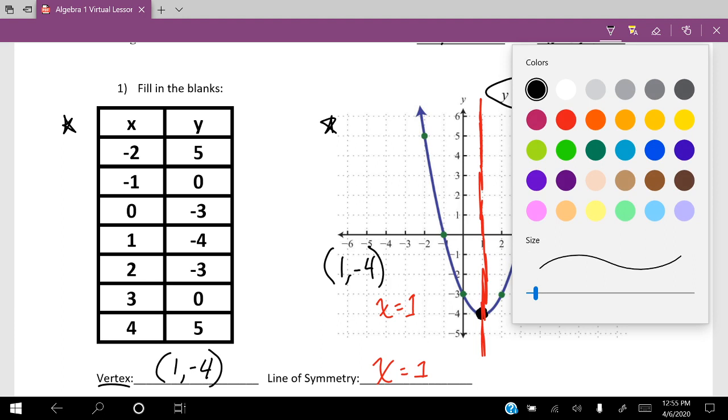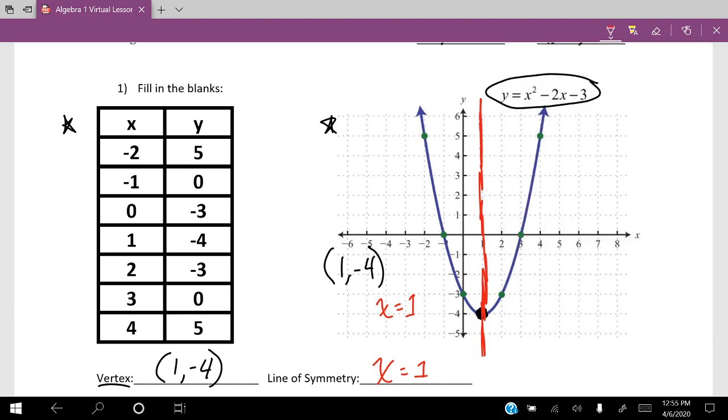When we're talking about tables, how do we find our roots? Roots must have y equal to 0. When y is equal to 0, that coordinate pair is a root.